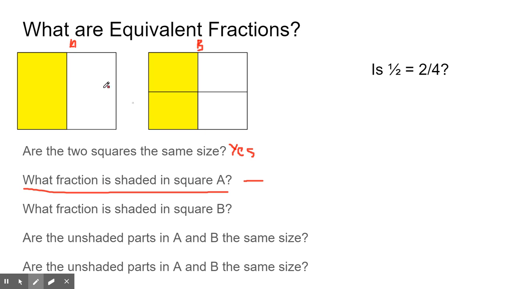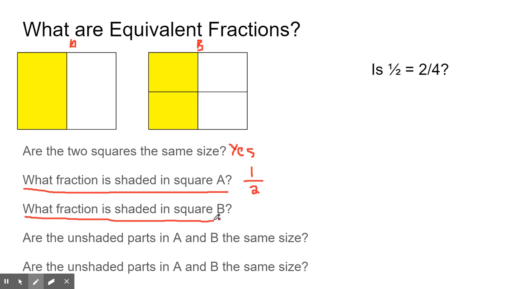The denominator is how many equal parts A is split into. A is split into 1, 2 equal parts, so 2 will be our denominator. And our numerator tells us how many of the equal parts are shaded yellow. So for square A, 1 of the 2 equal parts is shaded yellow. So the fraction for square A that is shaded is 1/2.